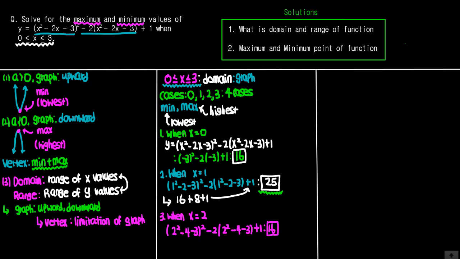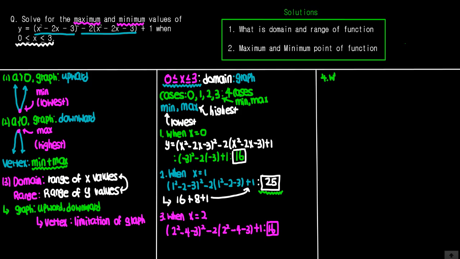So for our last case where x is equal to 3, we know that it can be either the minimum or the maximum point, because it is located furthest from our domain of our quadratic function. So we can actually calculate it.